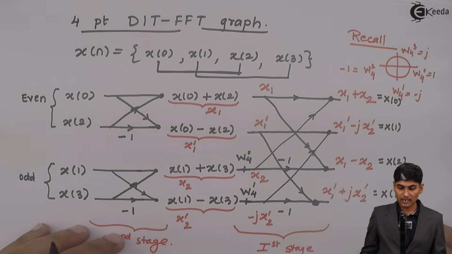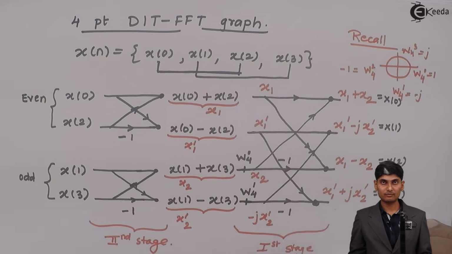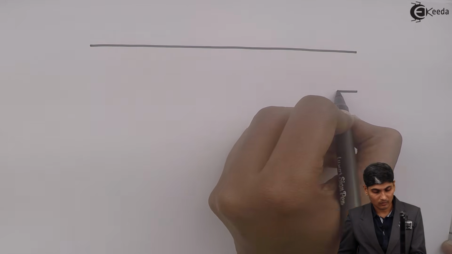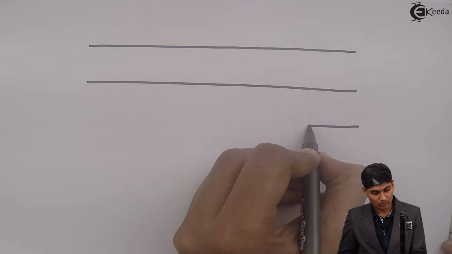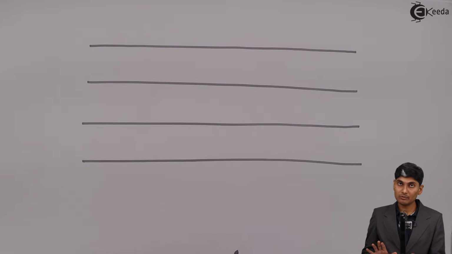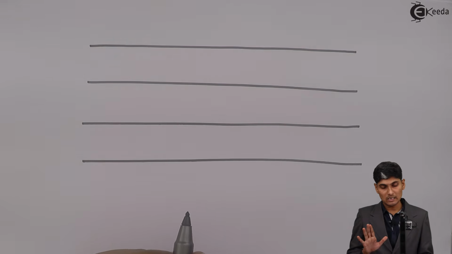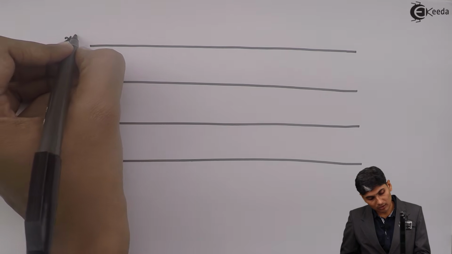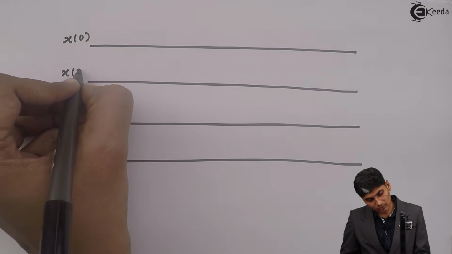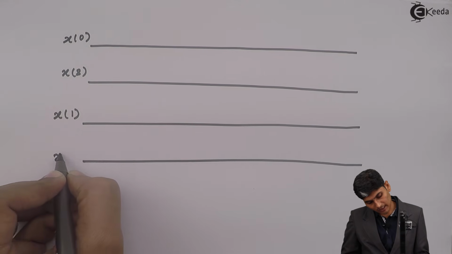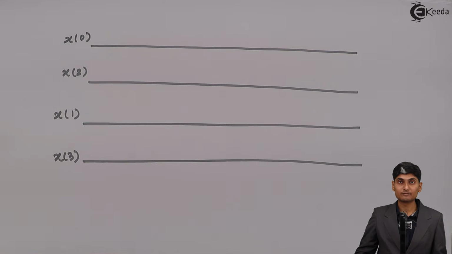Okay, so if I wanted to finally draw the graph, we will have 4 lines: 1, 2, 3 and 4. This will always be true. Whatever the problem, this graph is not going to change. Then I will have x of 0 and x of 2 over here, whereas I will have x of 1 and x of 3 over here.